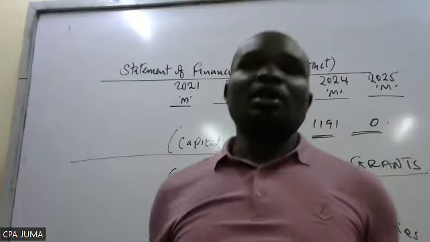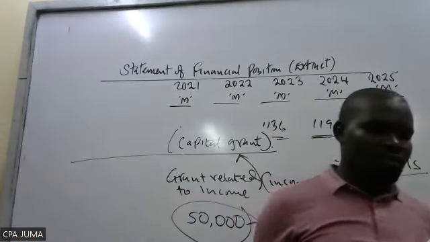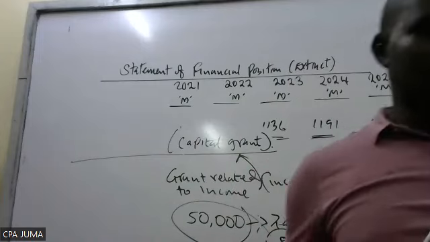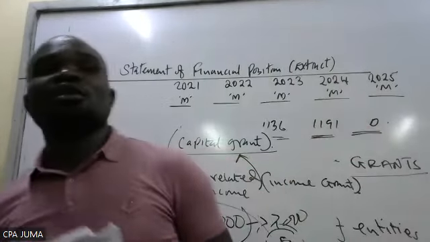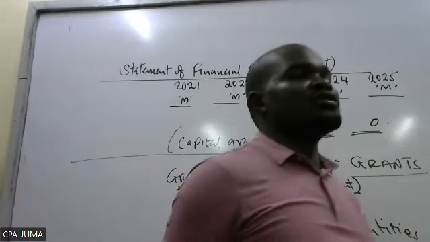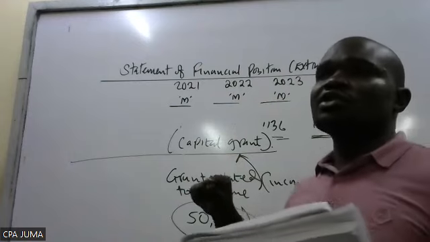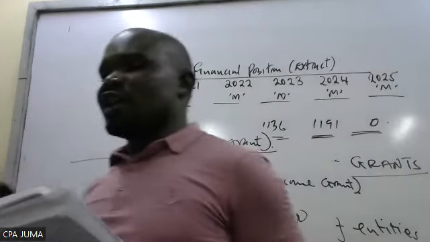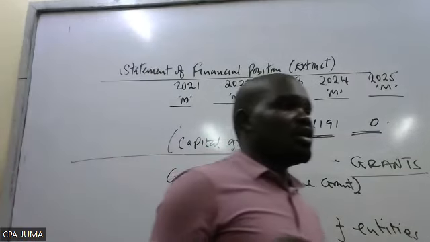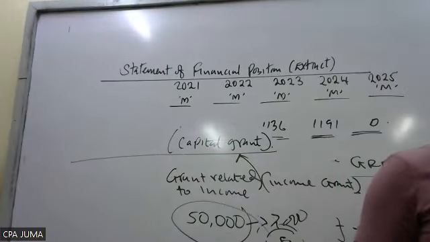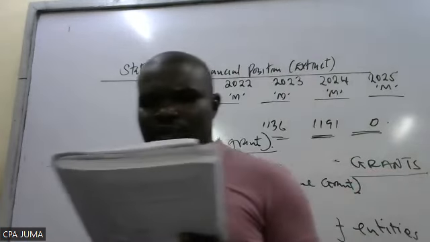Number one, capital grants should be offset against the cost of the asset.